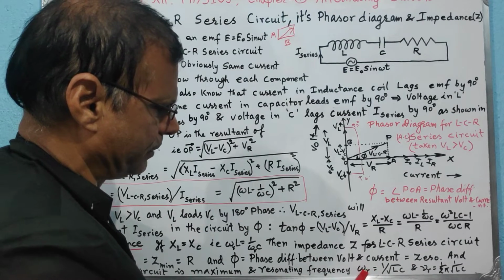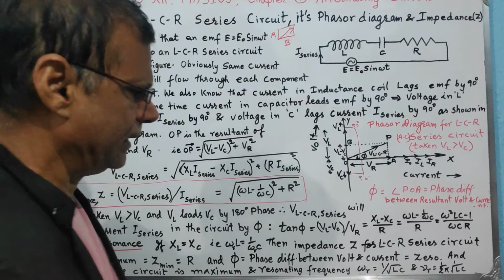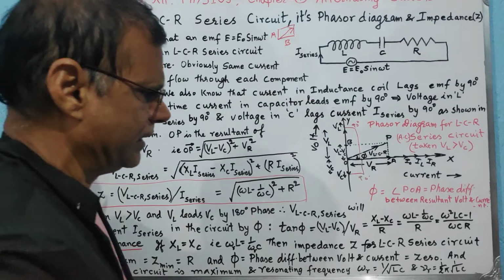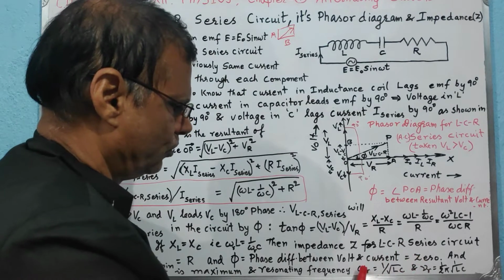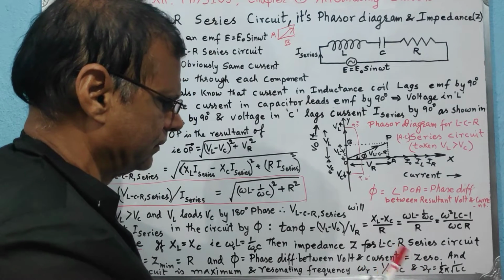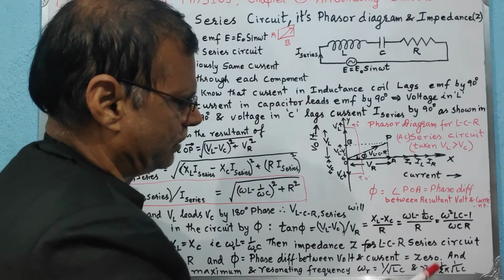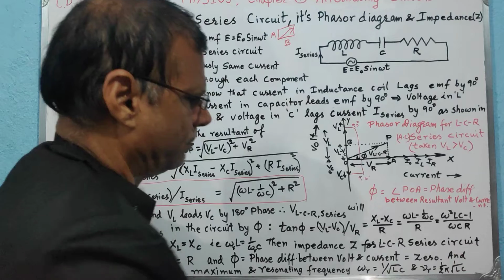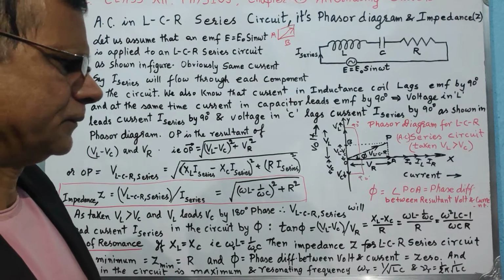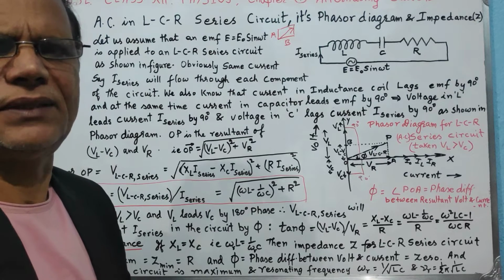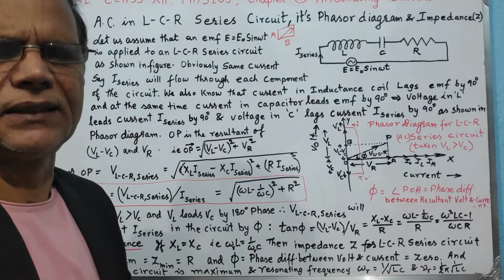The resonating angular speed is 1 by under root LC, and if we write omega in terms of frequency, omega is equal to 2 pi nu, and therefore the resonating frequency nu R is equal to 1 by 2 pi times 1 by under root LC. So these are the important relations we have derived for the LCR series circuit.